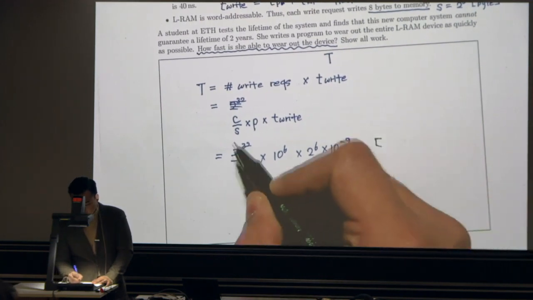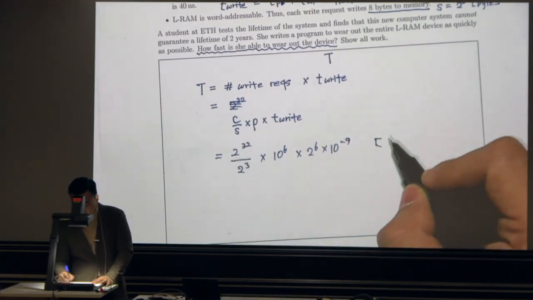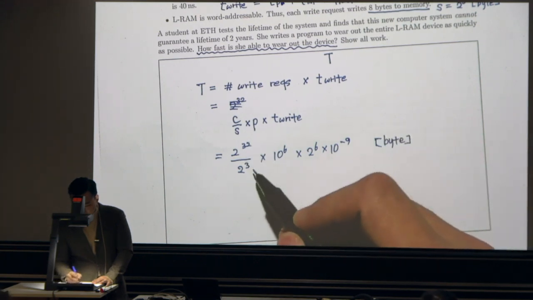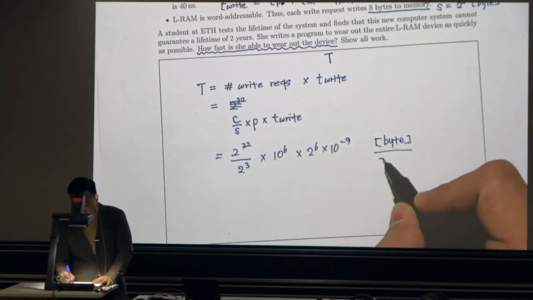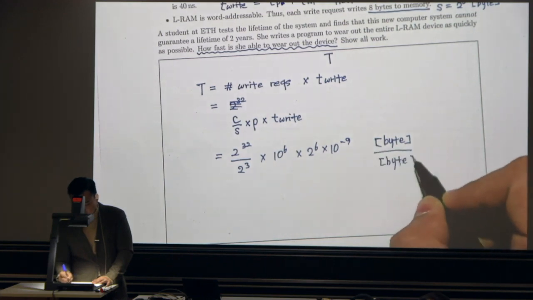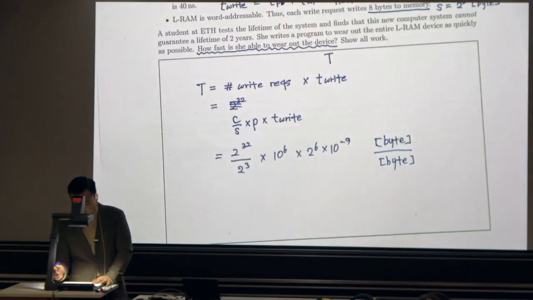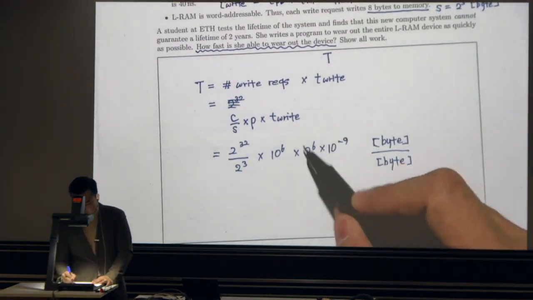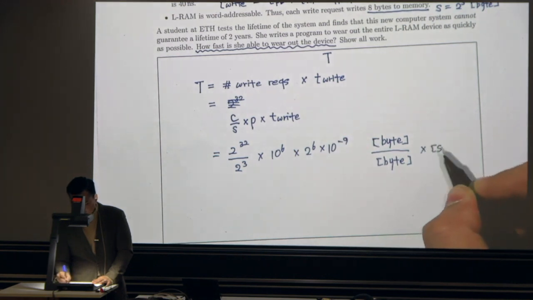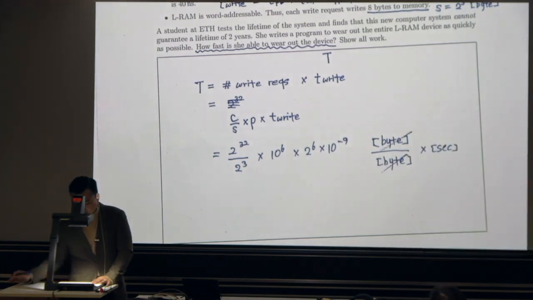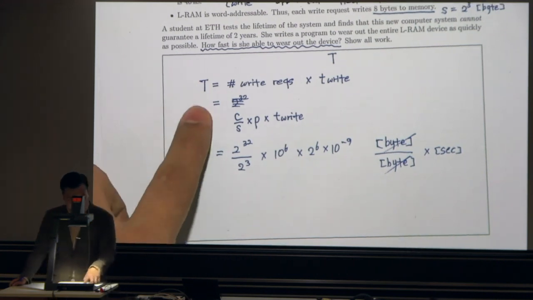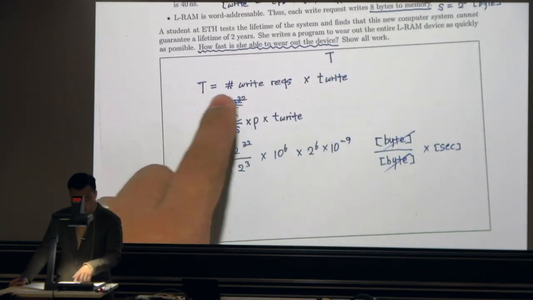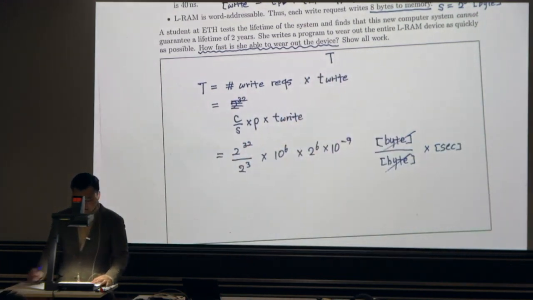So this C, the unit of C is byte, right? And this size is also byte. And there is no unit for P because it's just the number of times. And this is second, right? So we are now calculating the time necessary to wear out the entire device.